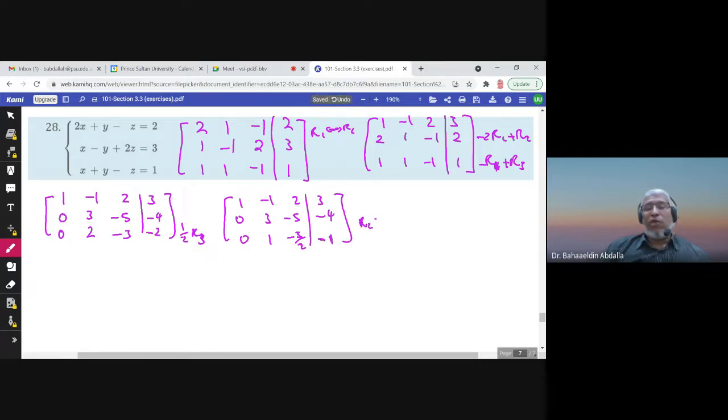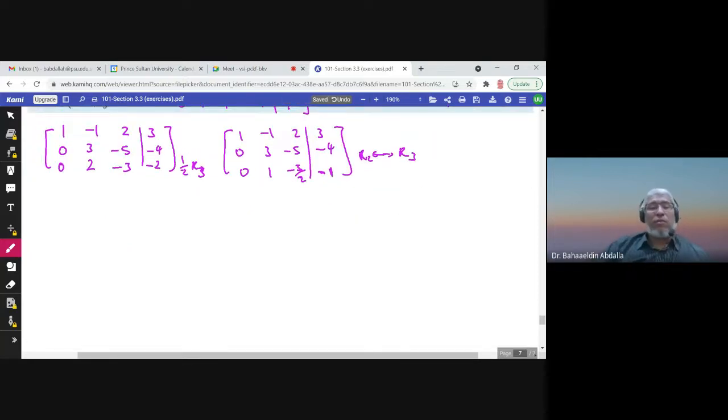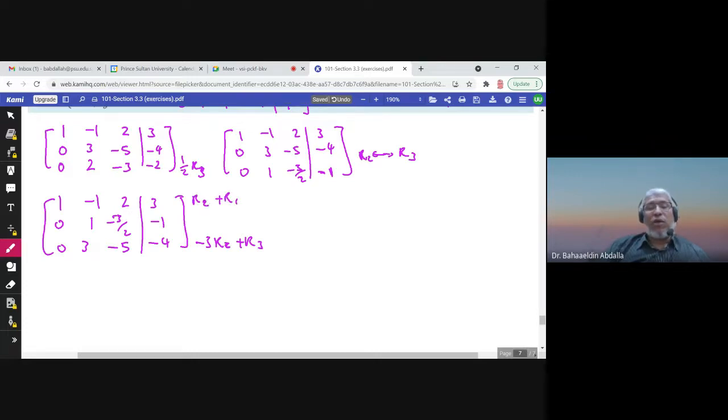And now I will interchange row 2 with row 3. So now I have 1 in the middle. This is 1. I use it to make 3 and negative 1 zeros. So negative 3 R2 plus R3 and R2 plus R1.